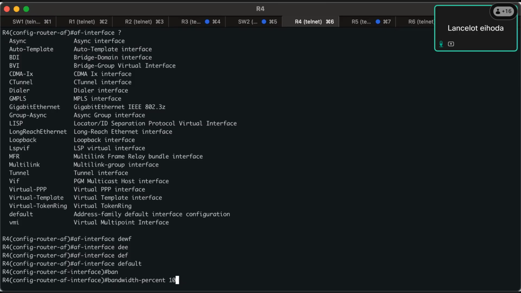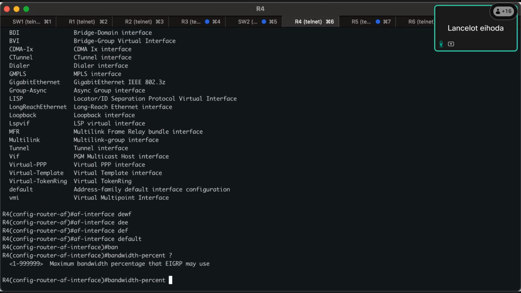So you can default all those interfaces coming from up-country so that they cannot use more than 10% of bandwidth, right? So by the time you do the bandwidth, it's now telling you maximum bandwidth, right? Are we there? Yes, we are, Lance. So 10%.